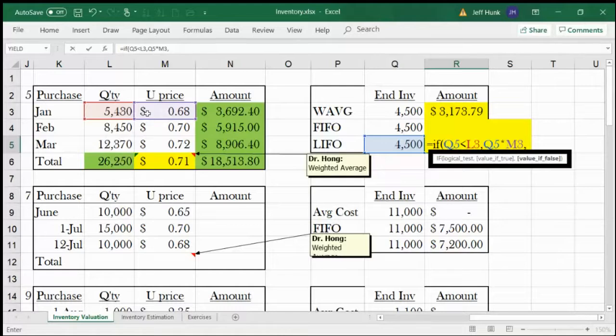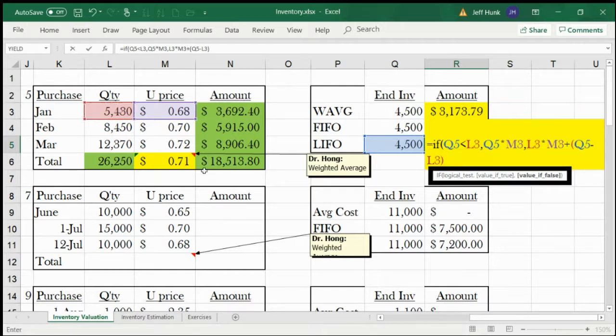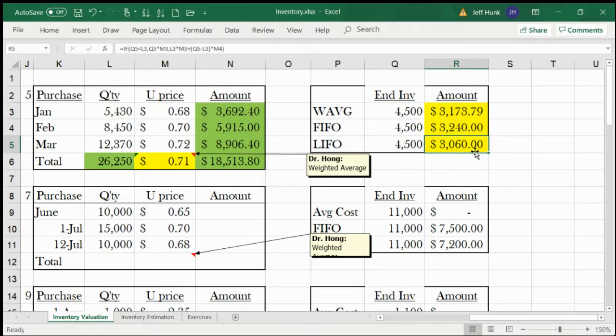Otherwise, if that's not the case, the entire January batch will be multiplied by March price, and the difference between ending inventory and the January quantity will be valued by February price. Okay, close the parenthesis. So that's the logic. So hit enter. What do you get?